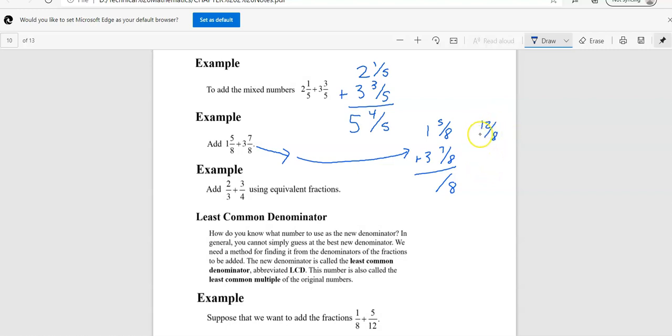How many more? 4, right? 12 is 4 bigger than 8. So I had enough for 8 to go into 12 one time, so I would actually carry that 1, and I had 4 left over. So there's my 4/8. So 1 and 1 and 3 is going to be 5 and 4/8. Now, 4/8 is the same thing as 1/2, so that was 5 and 1/2.